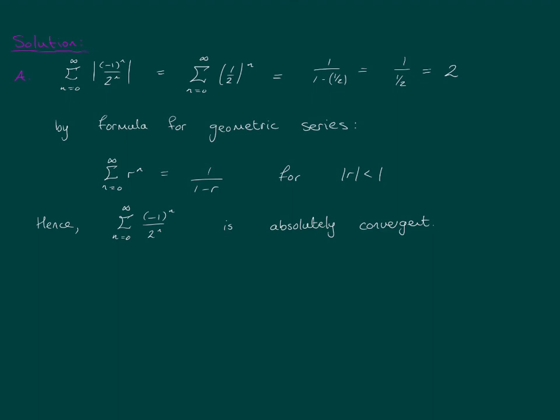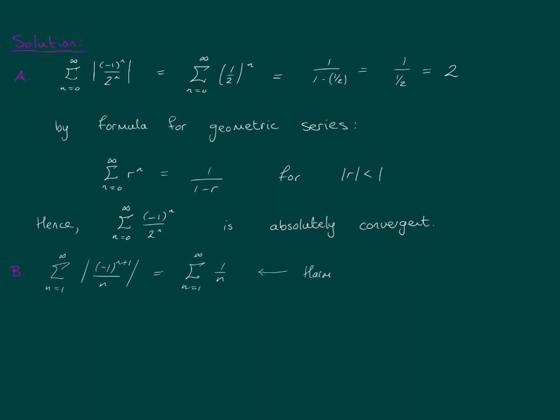Okay, second example. We had the sum, and now we want to look at the absolute value of (-1)^(n+1) over n, where n went from 1 to infinity. As with the last case, when you take the absolute value of -1 to any power, you just get 1. So this is going to be the sum of 1 over n. This should look familiar.